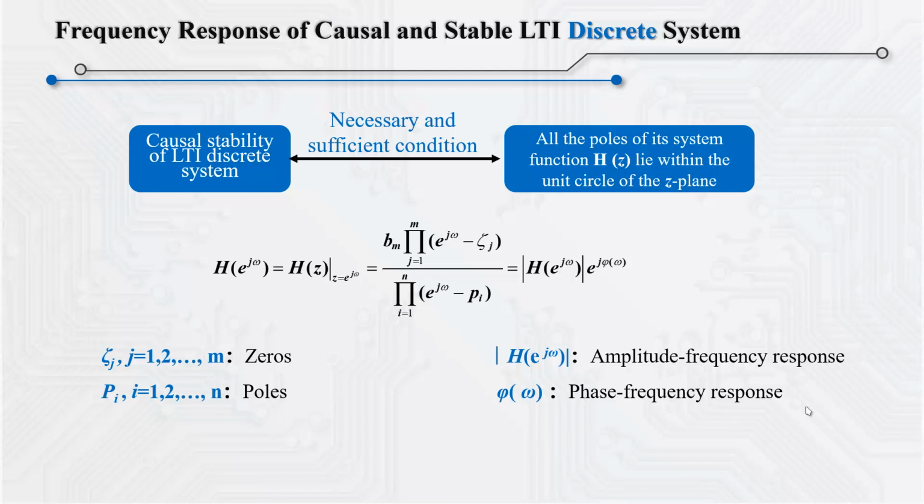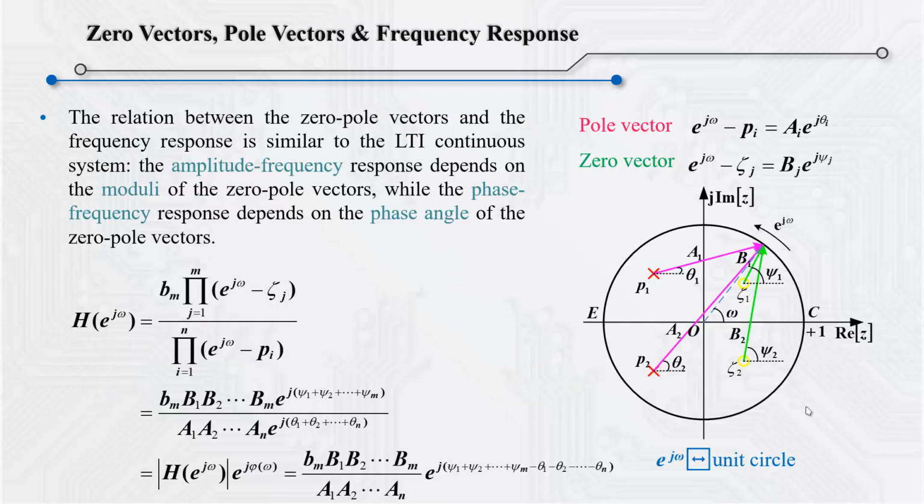Therefore, for a discrete LTI system, the features of its amplitude frequency response and phase frequency response also depend on the zeros and poles of its system function. The relation between the frequency response and the zeros and poles can be analyzed in a manner similar to the previous continuous system.